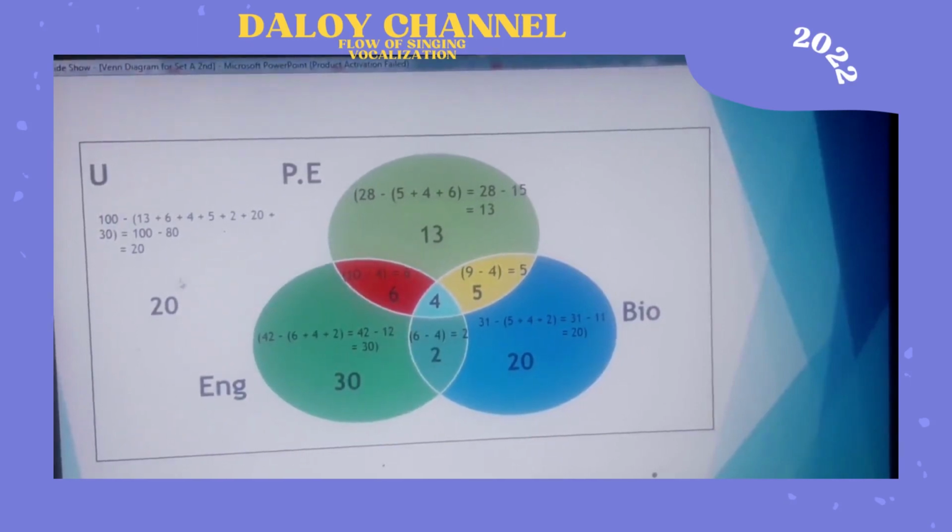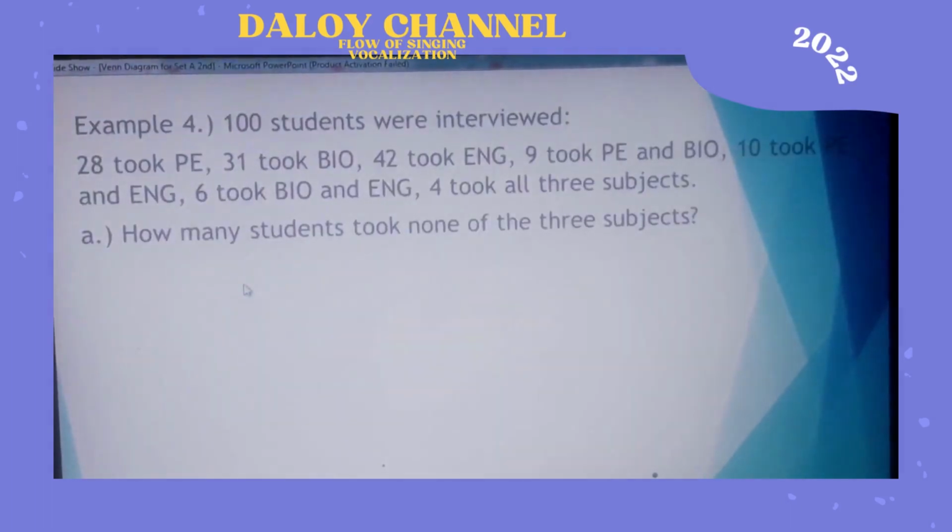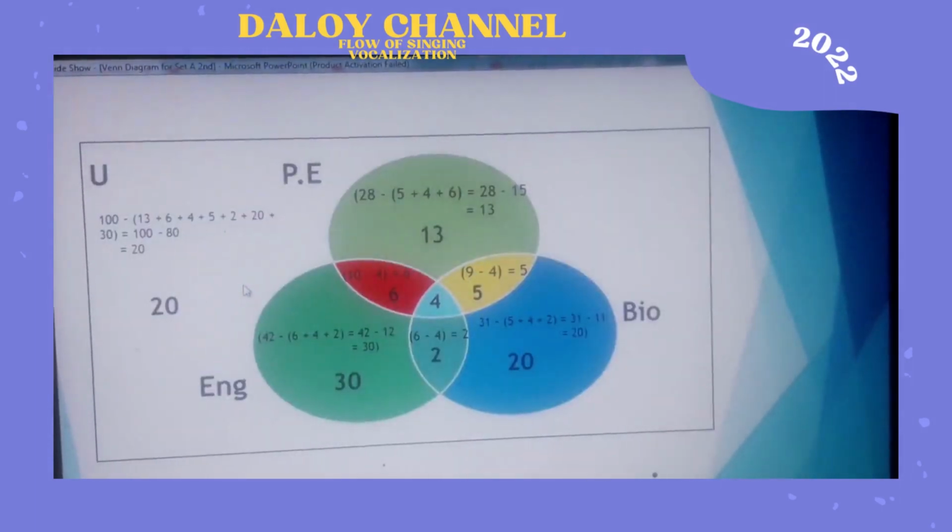And for the remaining value in the universal set, since you are talking about 100 students who were interviewed, that 100 will be affected by the sum of the number of students in each subject only, added to the common in 2 subjects, which is 6, 5, 2, and the common between the 3 subjects, which is 4.